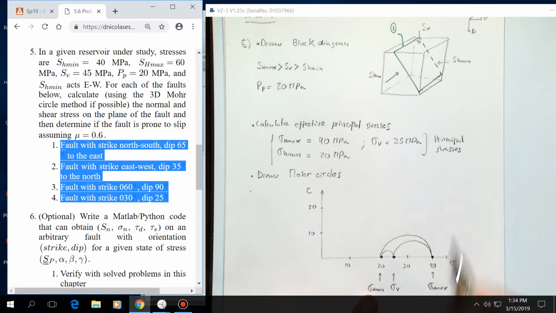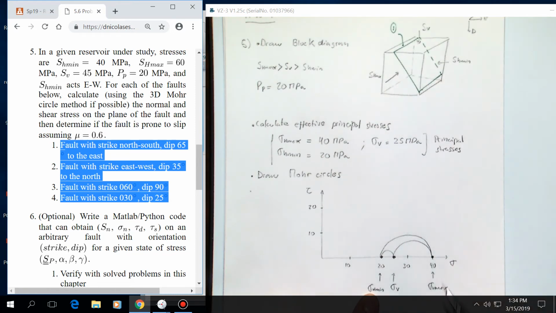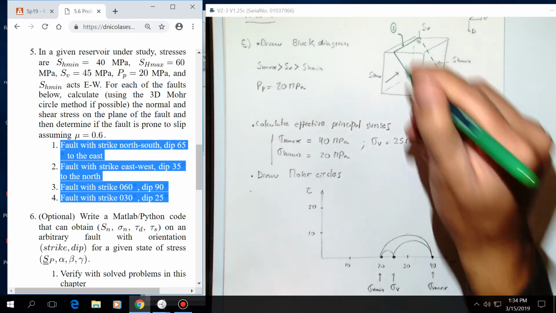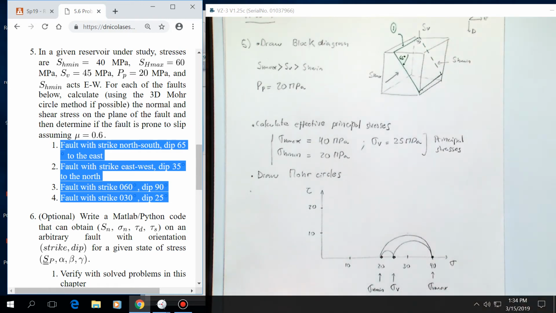So sigma V, sigma H min is that circle, and if we want to find where that fault is, we need to go an angle of, in this case the dip was 65 degrees. We need to go 2 times 65 from the center of that circle towards over there.